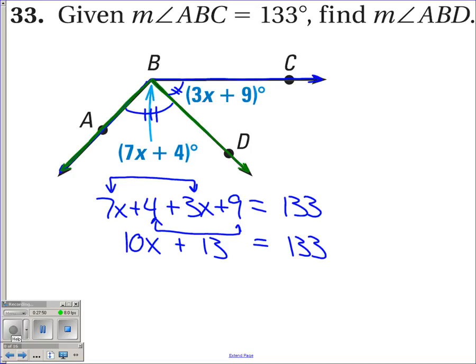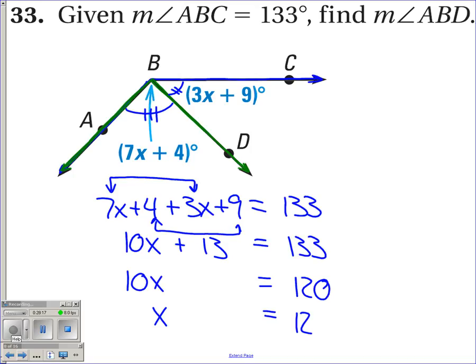Now then, we need to get the x term by itself, so let's subtract 13 from both sides. 10x is equal to 120. And then, dividing both sides by 10, x is equal to 12. What's the question asking for? The measure of angle ABD.